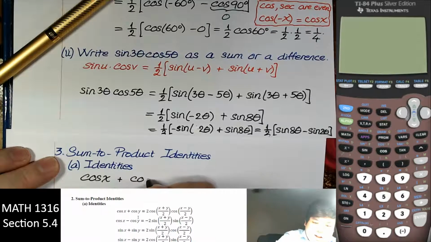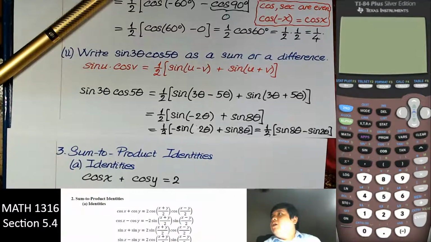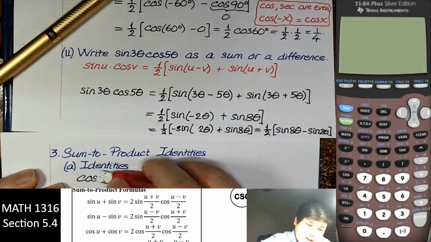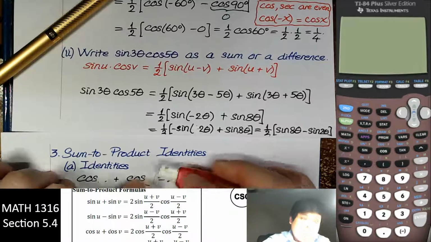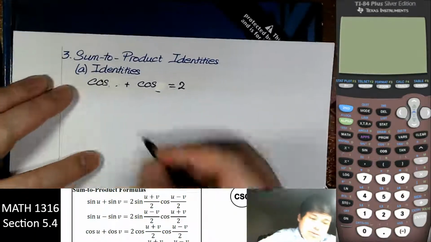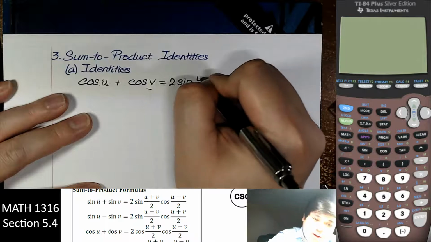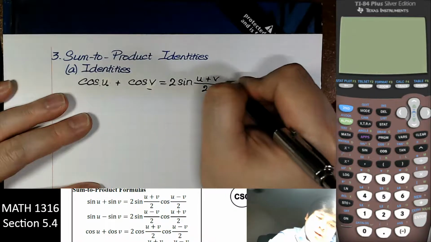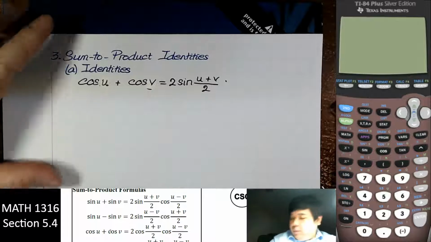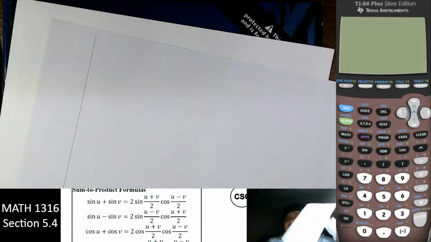By the way, let's use U and V because that's consistent with the formula that I sent you. So let's try again.